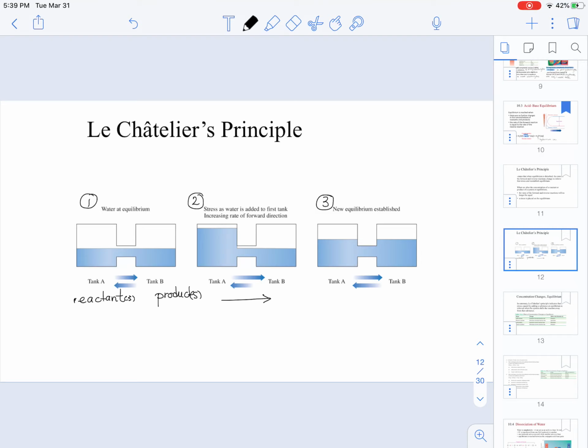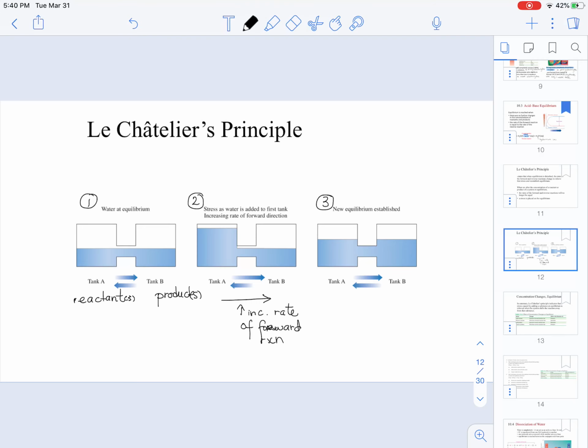If we relate it to a chemical reaction, as we're adding more reactants, aka adding more water to tank A, the water is going to rush towards B, meaning increasing the rate of the forward reaction, so the system regains equilibrium.